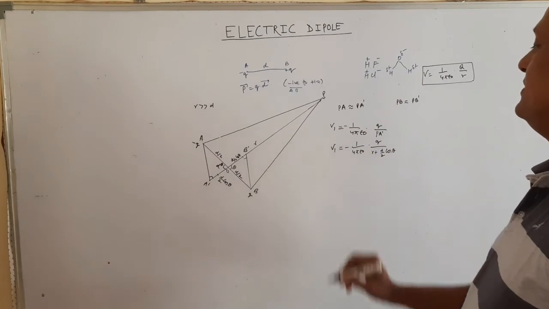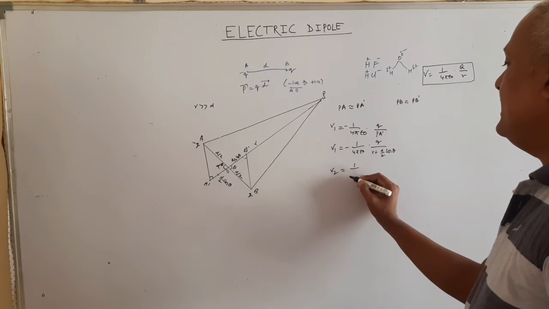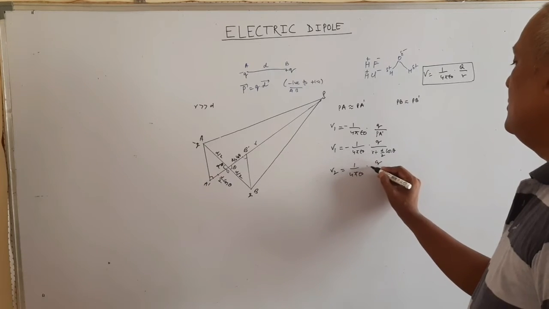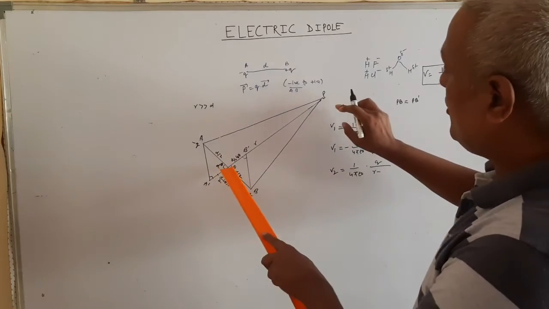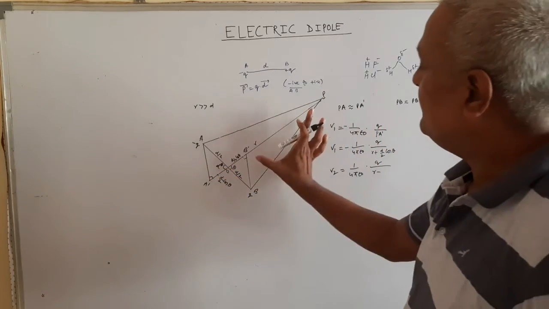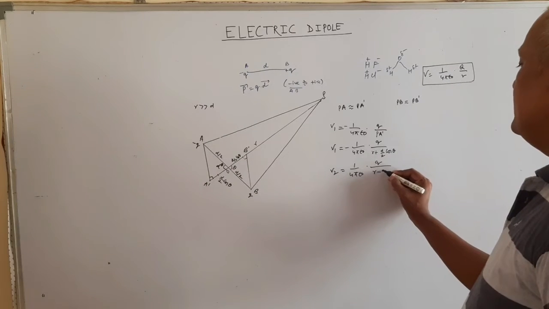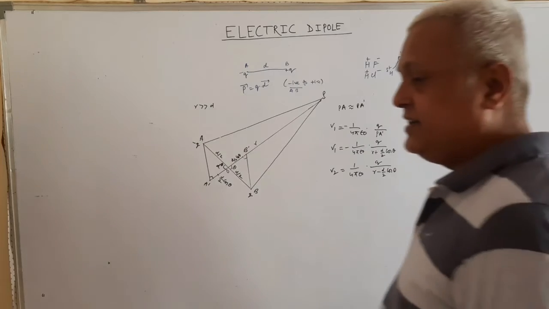This is V1. Similarly, V2 will be 1 by 4 pi epsilon naught Q upon R minus, because from O to P, as in PB dash, this part I have to subtract. So R minus d by 2 cos theta.